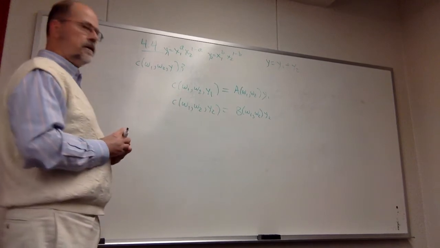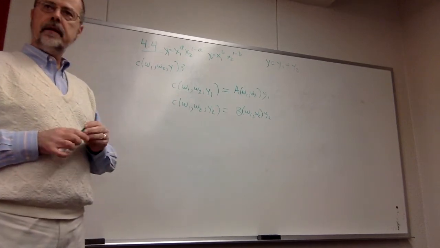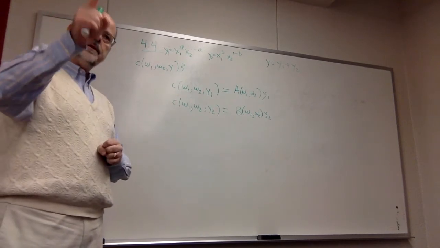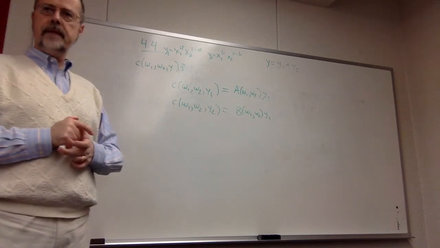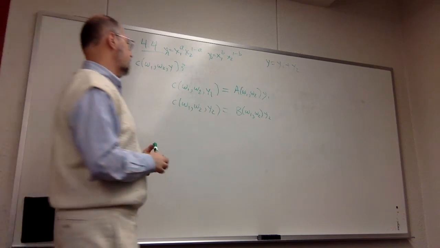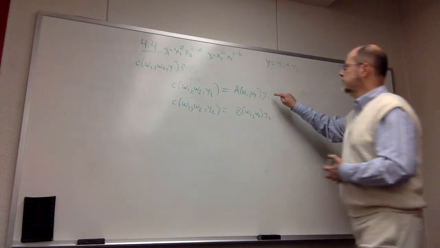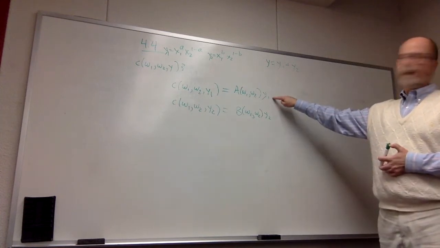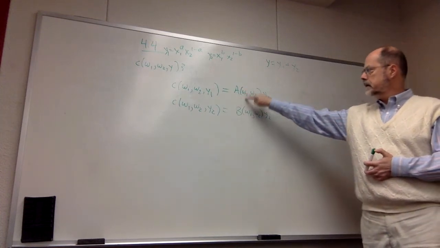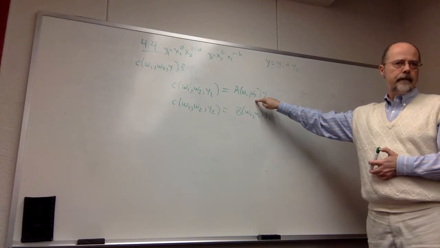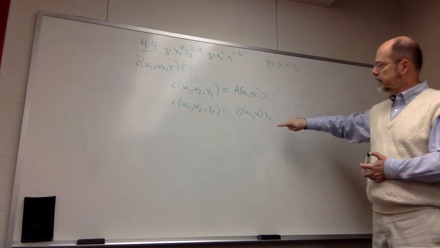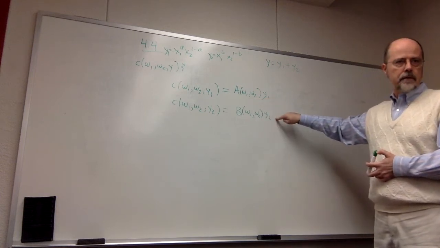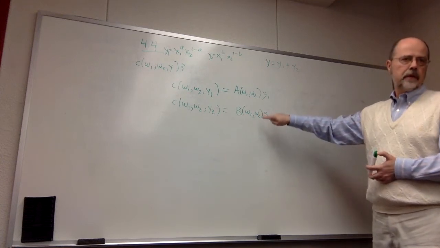You're starting at 0. You're producing nothing, and you're thinking, I want to produce my first unit. If I produce it in plant 1, my cost will be A of W1, W2. If I produce it in plant 2, my cost will be B of W1, W2.